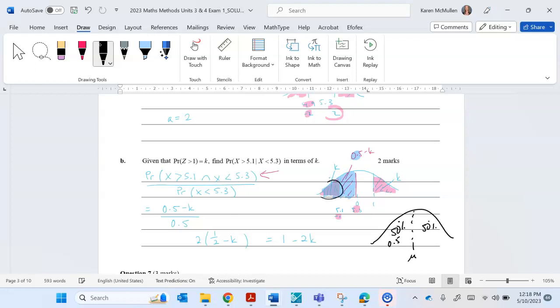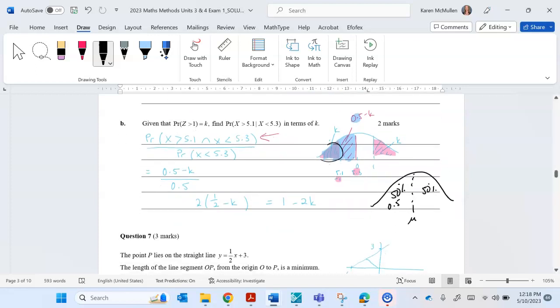So subtracting this part here. Given that it is that, greater than 5.1 is the red section, and the pink section was just k. So a lot of highlighting. Now simplifying this, you shouldn't leave it as a decimal in a fraction.